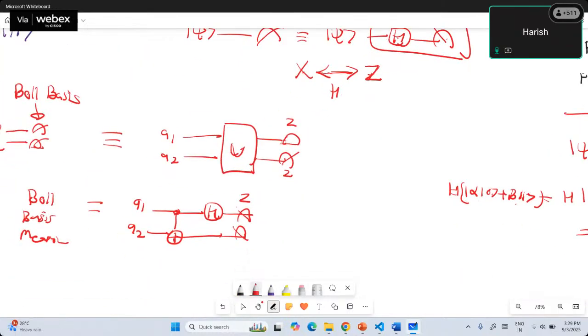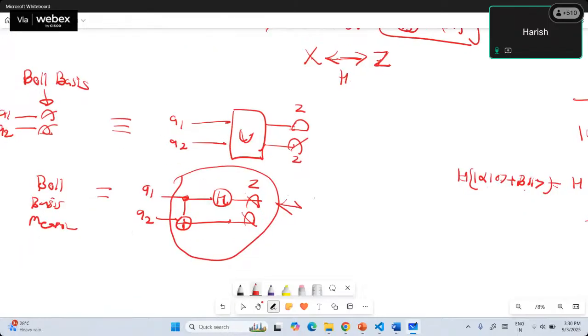You just need to apply these two gates, controlled-NOT from q1 to q2 and then the Hadamard gate. If you put these before the Z measurement, then it is Bell basis measurement.